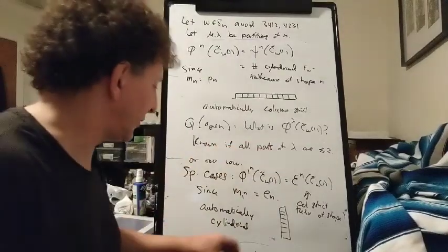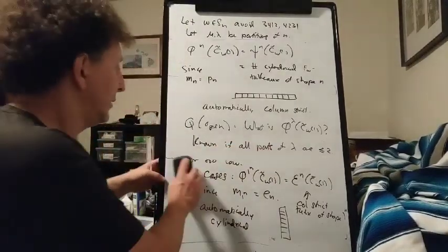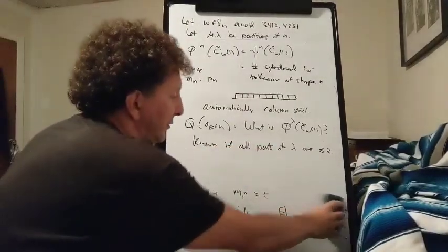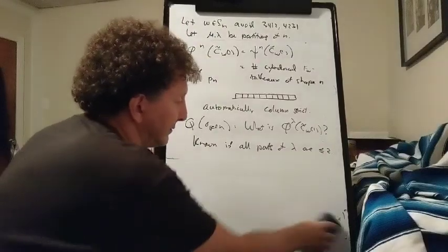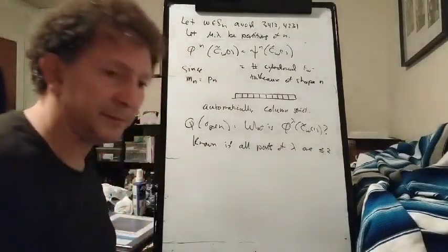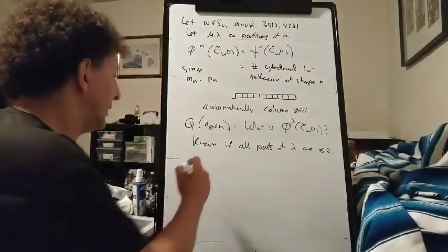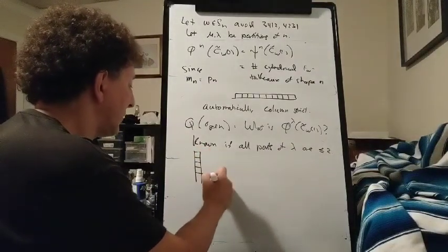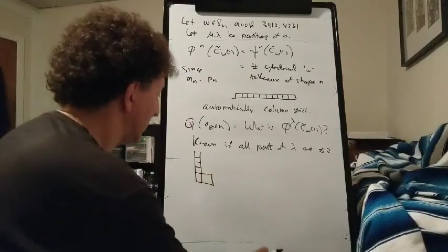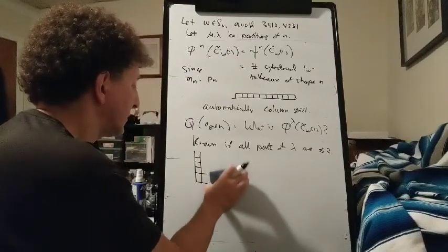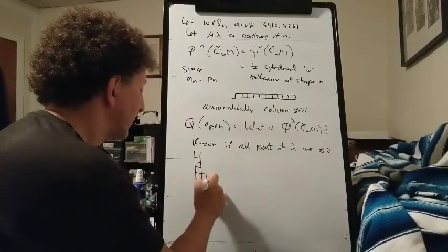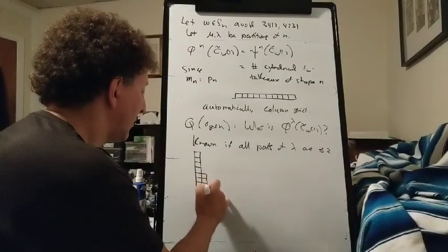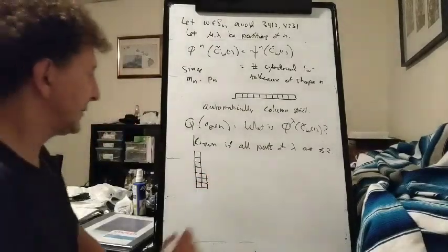So if all the parts are 2 or less, let's look at that. So we have a partition, it looks something like that.